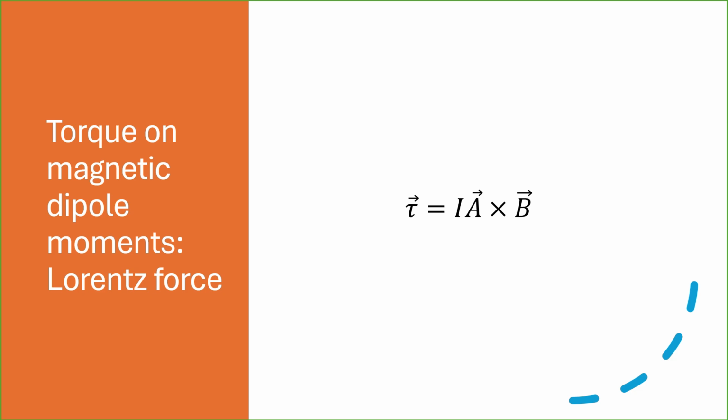And per definition, the current times the area vector is actually the magnetic dipole moment. You can kind of think of the currents as these internal quantum currents that I briefly mentioned earlier in the video. So the torque on a magnetic dipole moment is the magnetic dipole moment cross the external magnetic field.